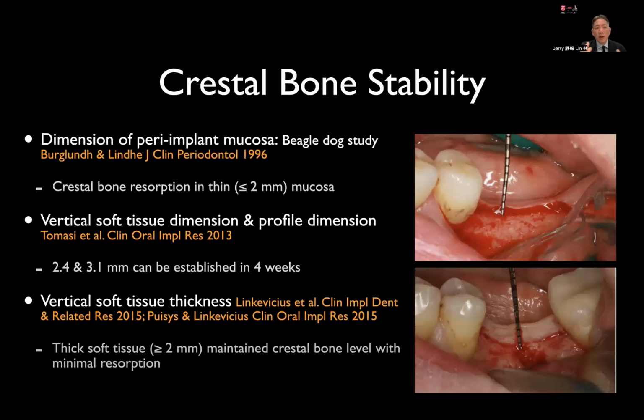There are a lot of articles proposed that talk about this issue. Back in 1996, crestal bone resorption was found in thin mucosa, by Berglundh, and of course later on Thoma, who pointed out that we need a certain thickness of the soft tissue that can protect the underlying bone for peri-implant bone stability.